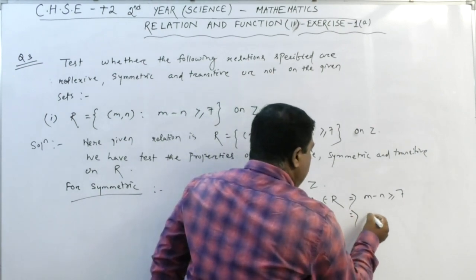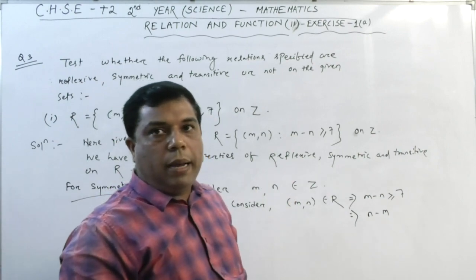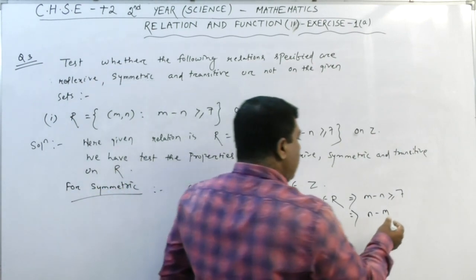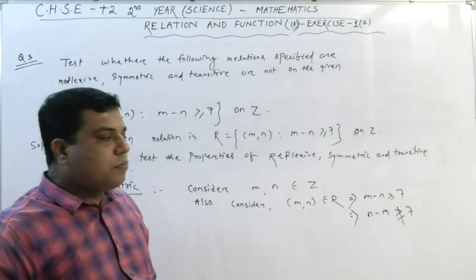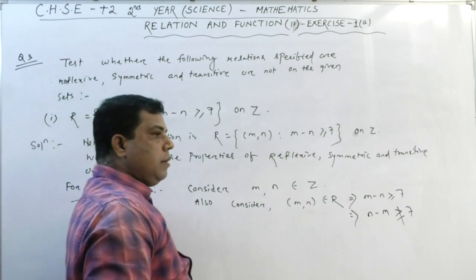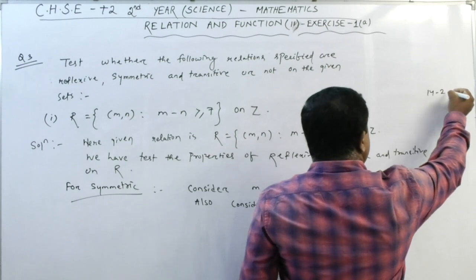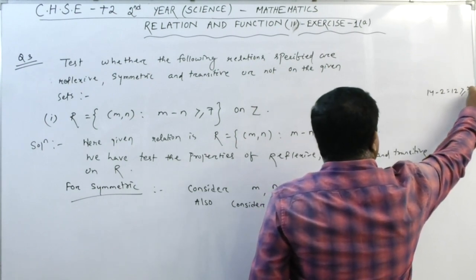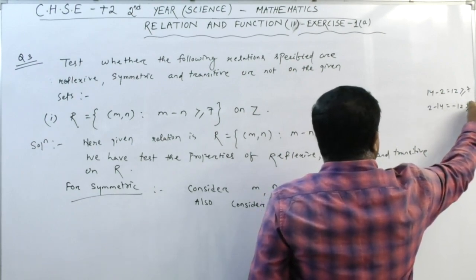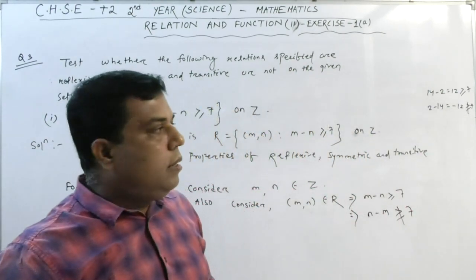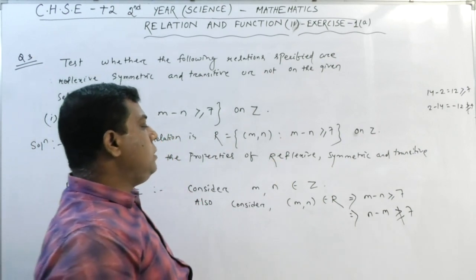Now, can we write n minus m is greater than or equal to 7? Obviously not, because if I take a minus common, n minus m is less than 7. You can verify: 14 minus 2 equals 12, which is greater than 7, but 2 minus 14 is minus 12, which is never greater than or equal to 7. So n minus m is not greater than or equal to 7.